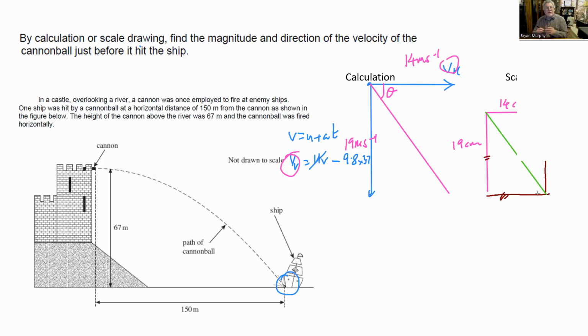You measure it with your ruler and you convert it back to velocity using whichever scale you chose. And you get your protractor out and you measure this angle to find the angle to the horizontal. And that is your magnitude and direction. So quite a tricky little thing there.